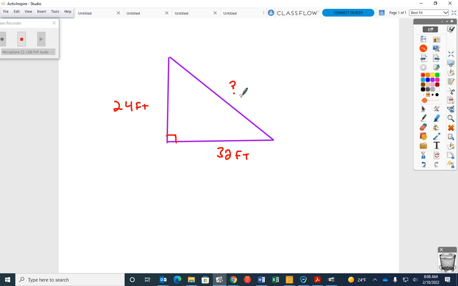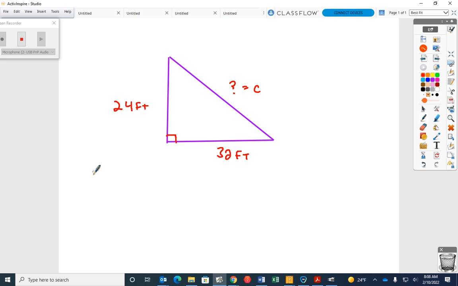Well, on your worksheet, they're actually labeled what you're trying to find, okay? But eventually, you're not going to have labels. And you're going to have to determine what's the A, what's the B, which are interchangeable, and then what the C is. The easiest thing to always identify is the C, because what did I just tell you about the C? It's always the what? The longest side. So this is my C, okay? So when I solve for this, the first thing I'm going to do is write out my formula, okay?